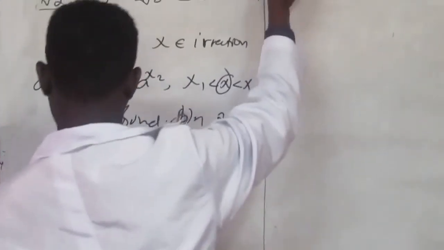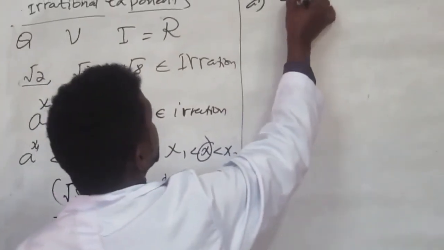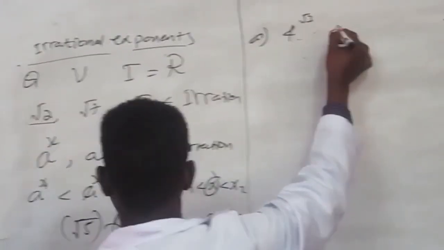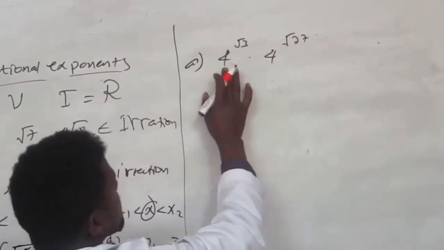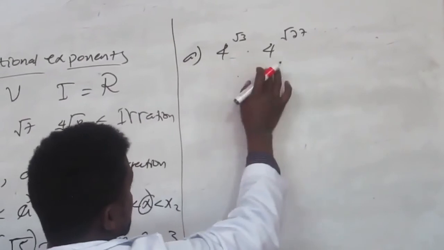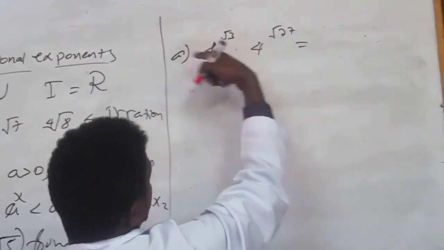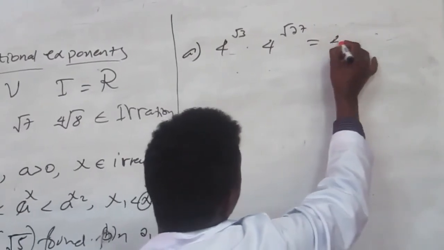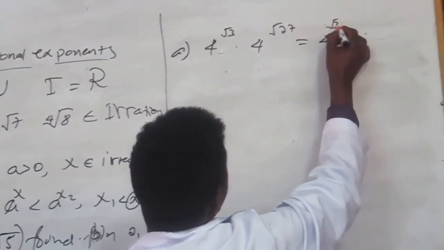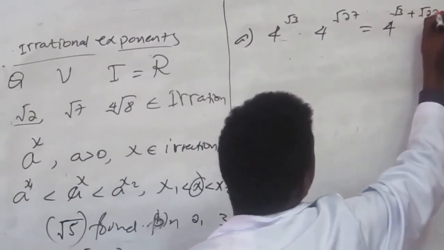A says 4 to the power of radical 3 times 4 to the power of radical 27. In this case, the bases are the same. So by the multiplication of powers formula, you can say 4 to the power of radical 3 plus radical 27.